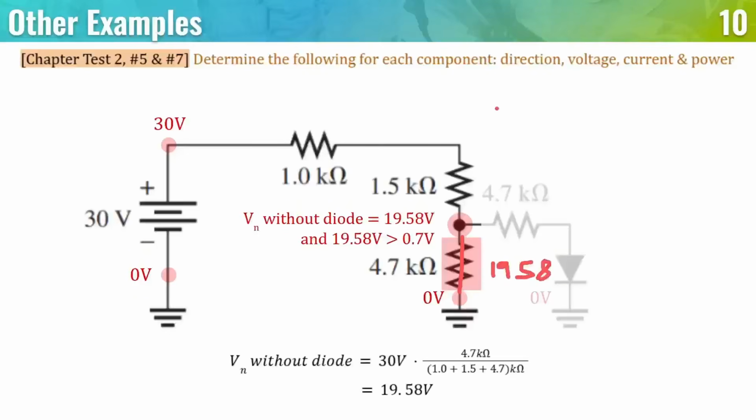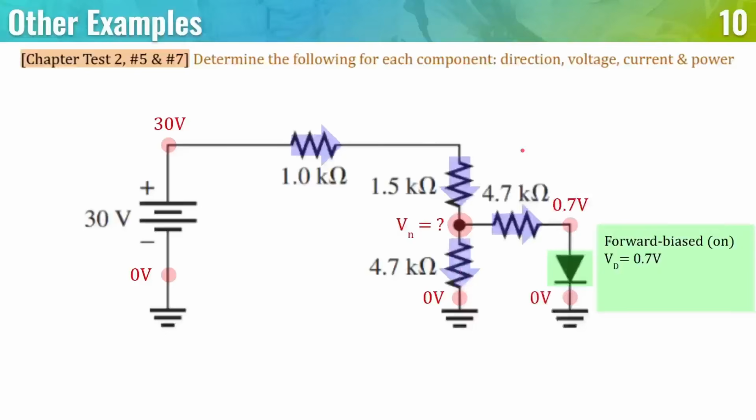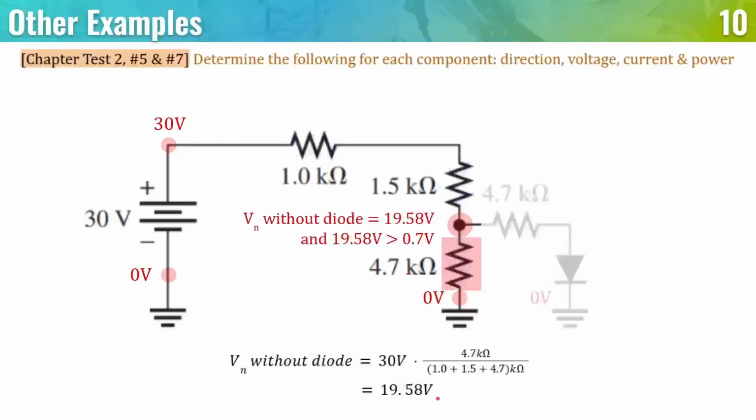So it can be assumed that the remaining 10.42, if I'm not mistaken, should be shared across this resistor and this resistor. Now that we know that this is 19.58, by the way, 19.58 is very much over 0.7 volts.